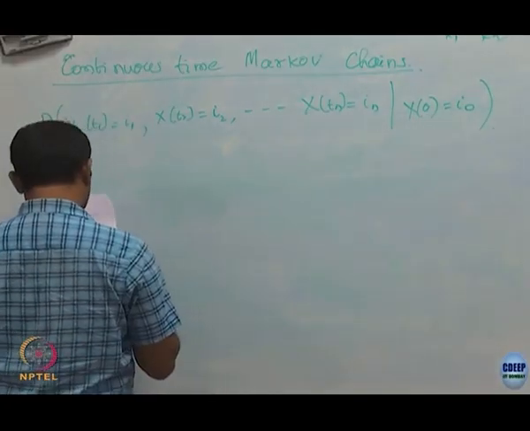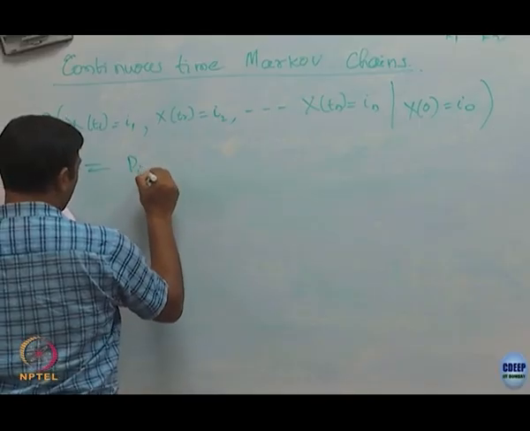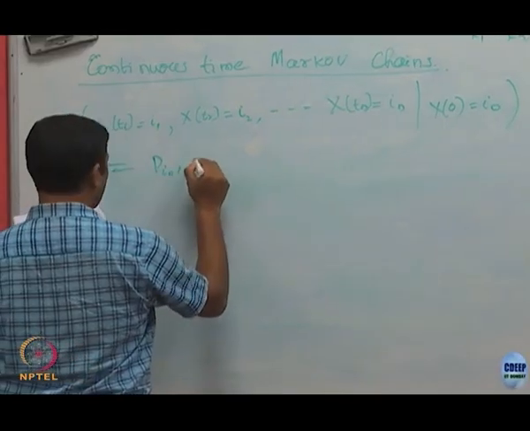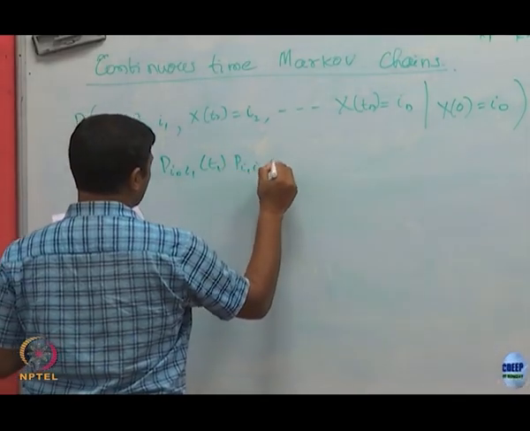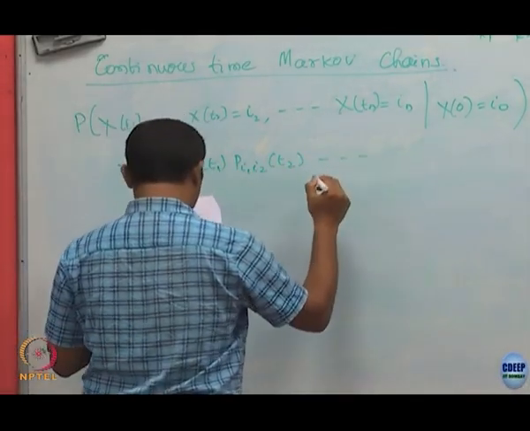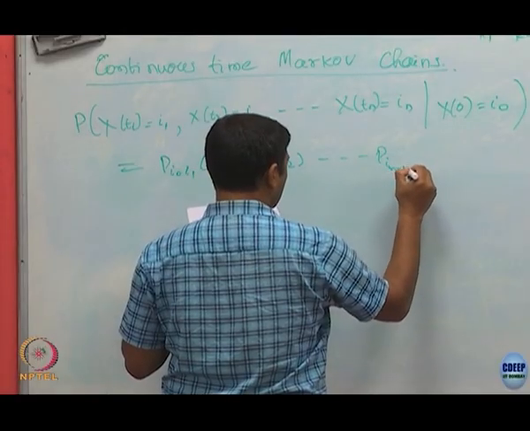So we'll see that this can be written, after applying the Markov property, as a product of transition probabilities P_{i0 i1}(t1), P_{i1 i2}(t2 - t1), and so on.